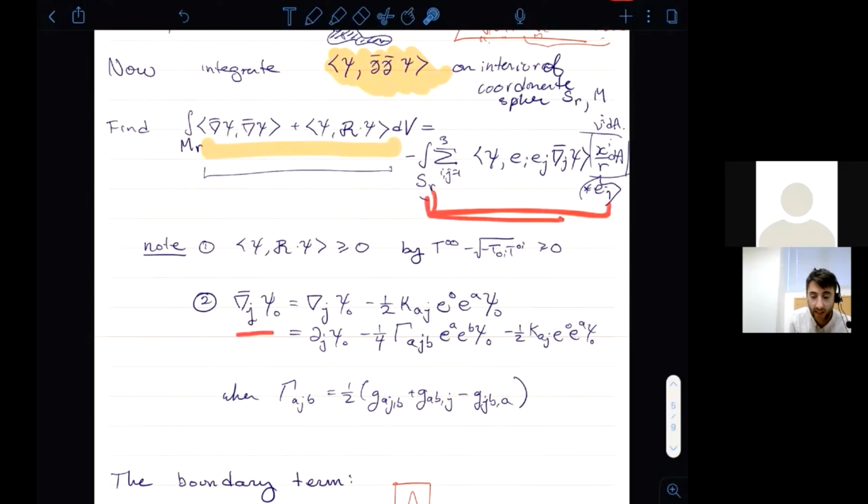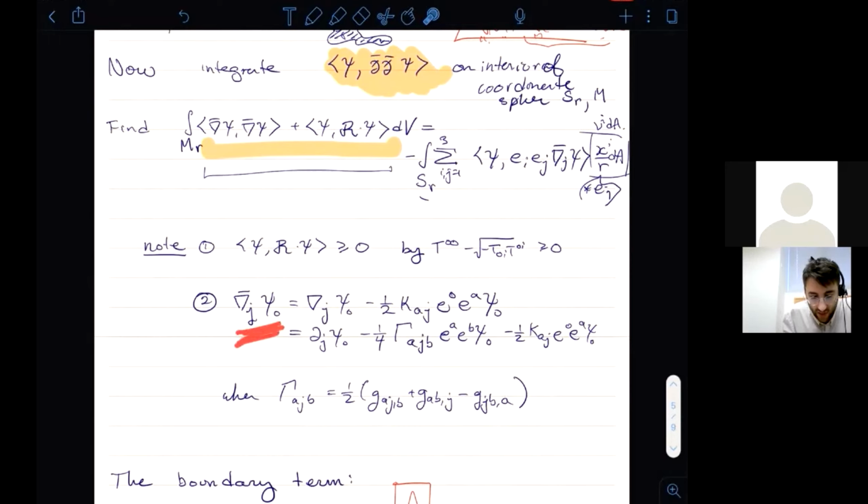We want to write this carefully. So consider nabla bar_j psi naught. The difference between psi and psi naught in this role goes to 0. Again, I'm a little bit vague about the details there, but this is morally what happens.